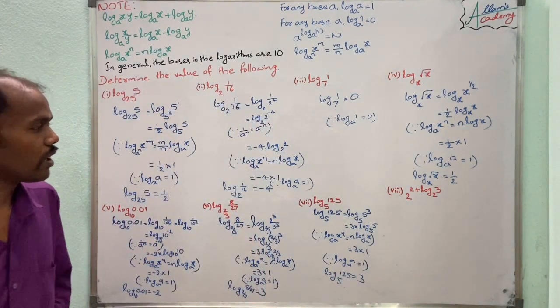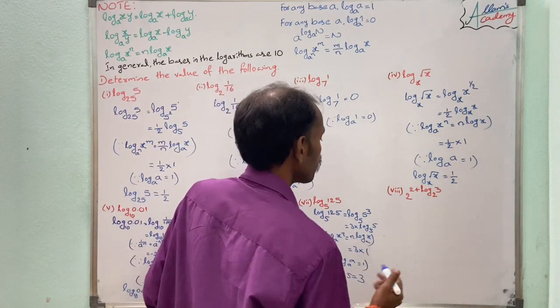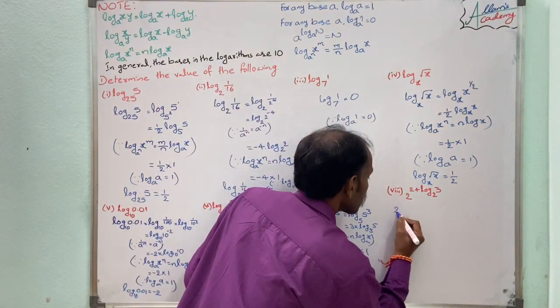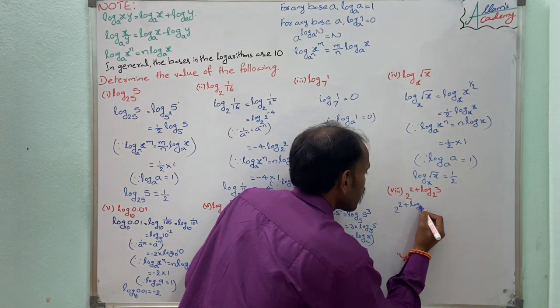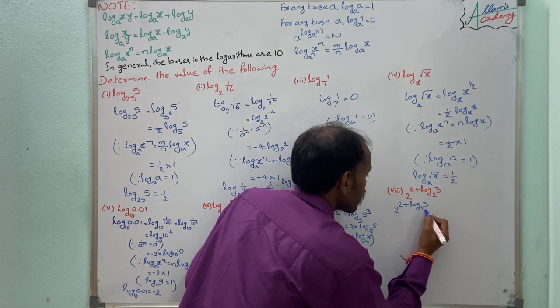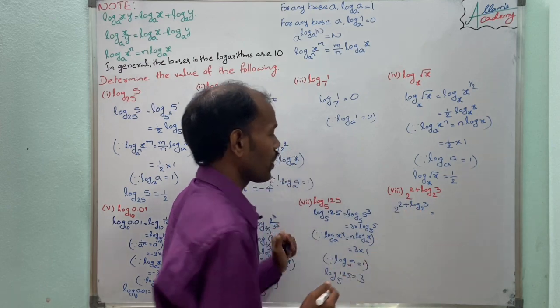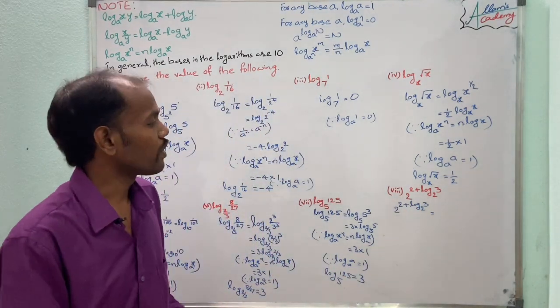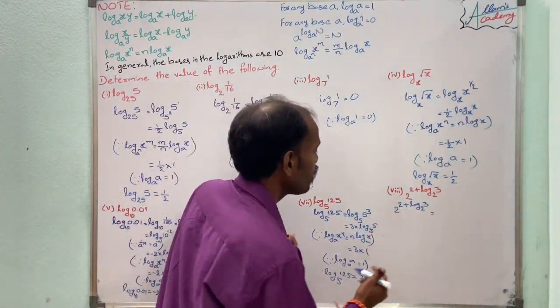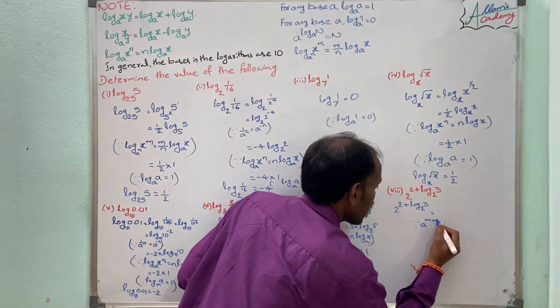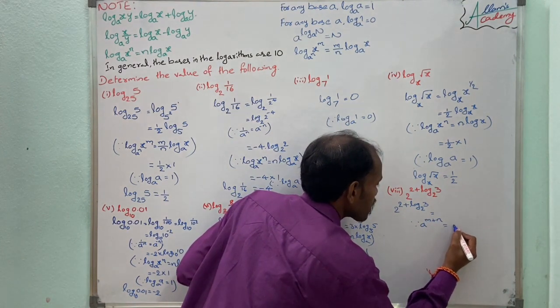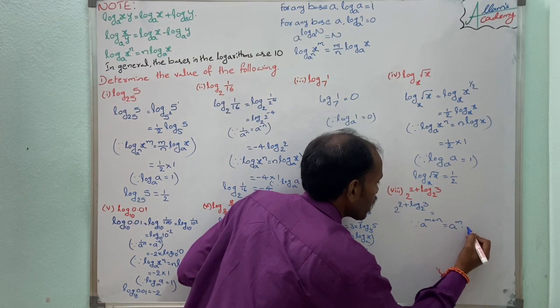Okay. Now the next problem, 2 power 2 plus log 3 base 2. Now if we observe this one, it is in the form of a power m plus n. A power m plus n equals a power m into a power n.